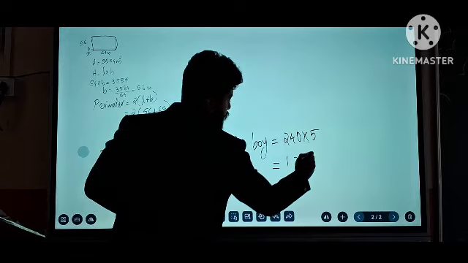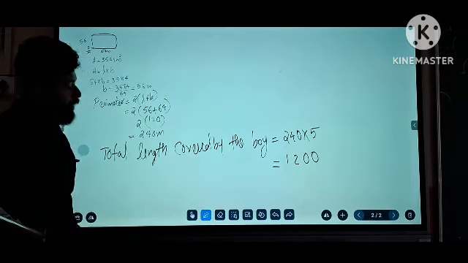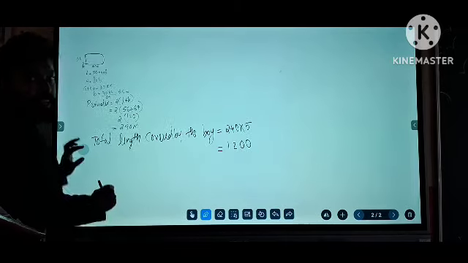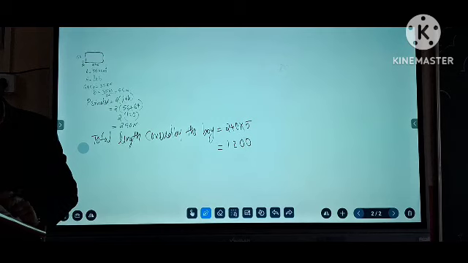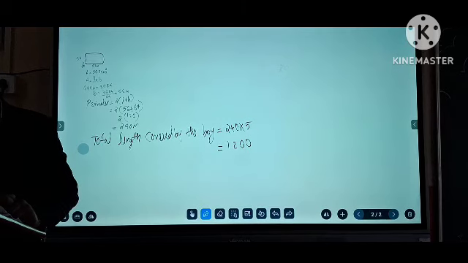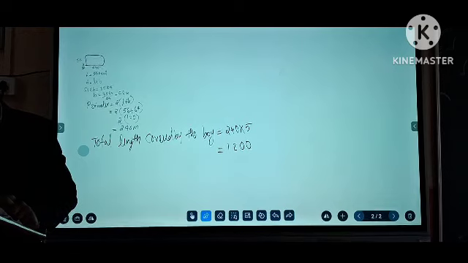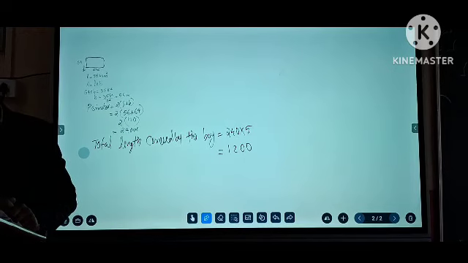Yes, 1200. Now it is given that he is covering at a rate of 6 km per hour. That is the speed of the boy, 6 km per hour. Now we want to calculate how long he will take to go 5 times around it.